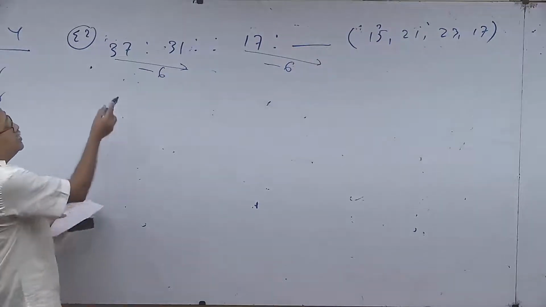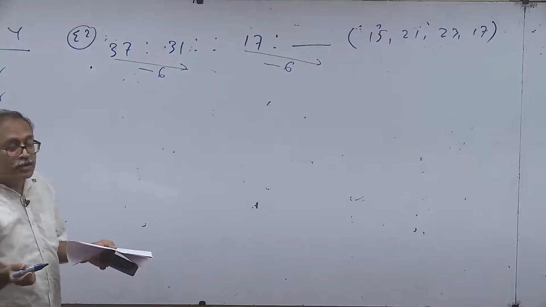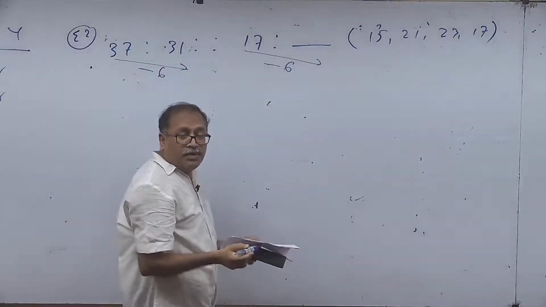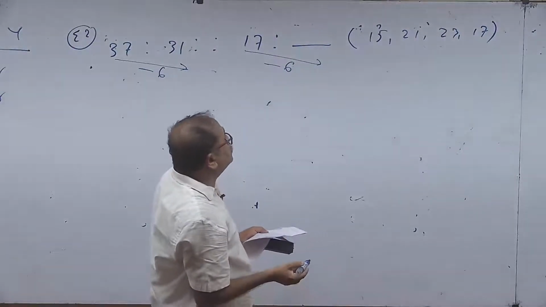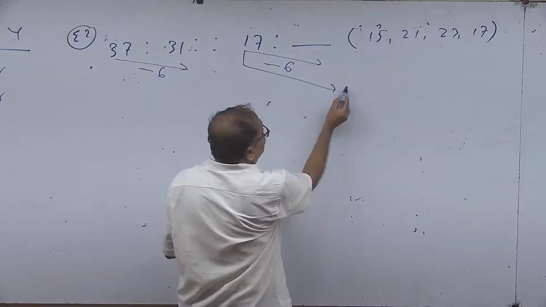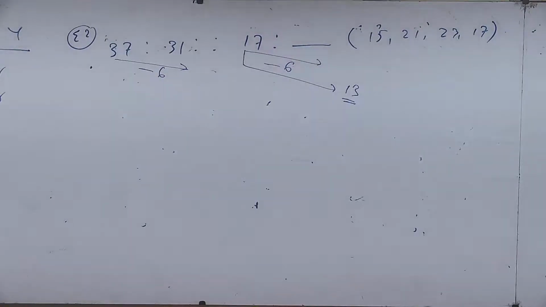And 31 is the preceding prime number of 37. So in that case, for 17, the preceding prime number will be 13. So look at this one, is 13 there? No, 13 is also not there. Preceding prime number 13. So I don't have the 13, right?